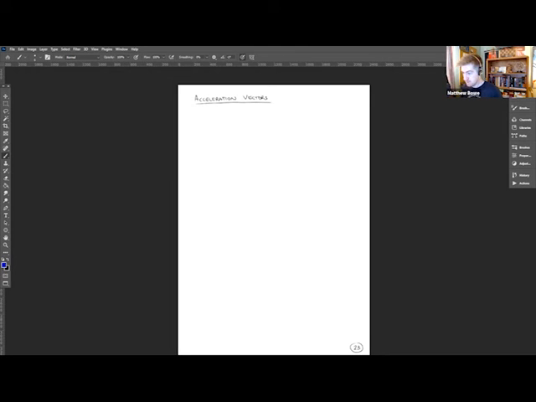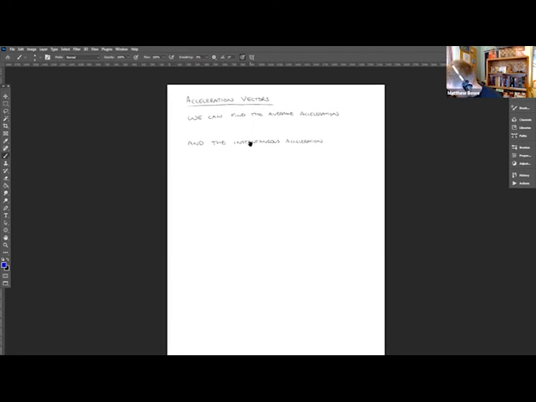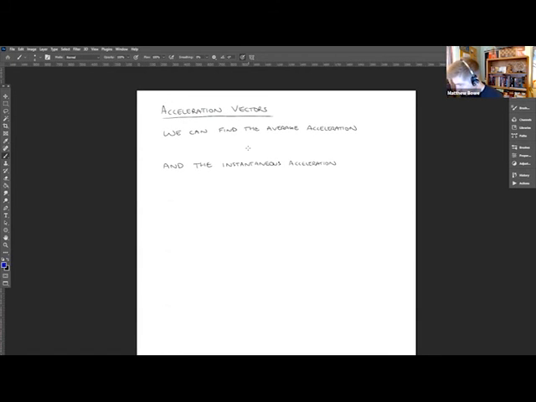Acceleration vectors. I'll just highlight these two already. So we can find the average acceleration, and where there's an average acceleration, we can find the instantaneous acceleration. This is the same thing we've done before.